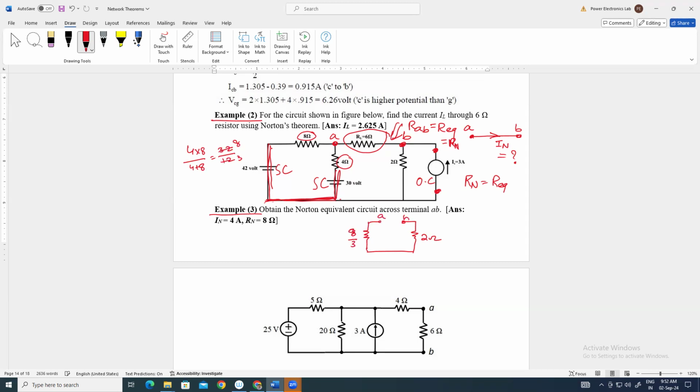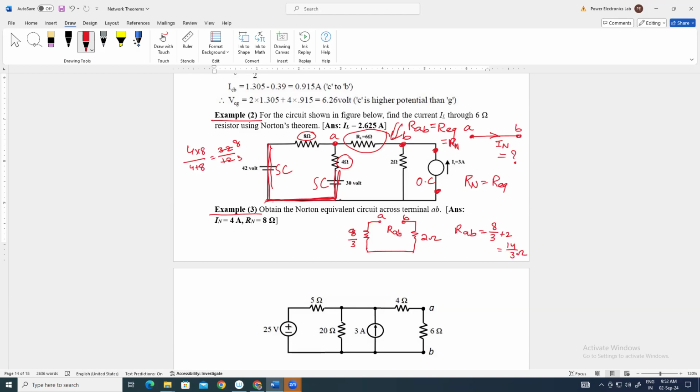This is A, this is B. We have to calculate RAB. So what will be the value of RAB? It is a series combination, that is 8 by 3 plus 2. So it will be 14 by 3 ohm.